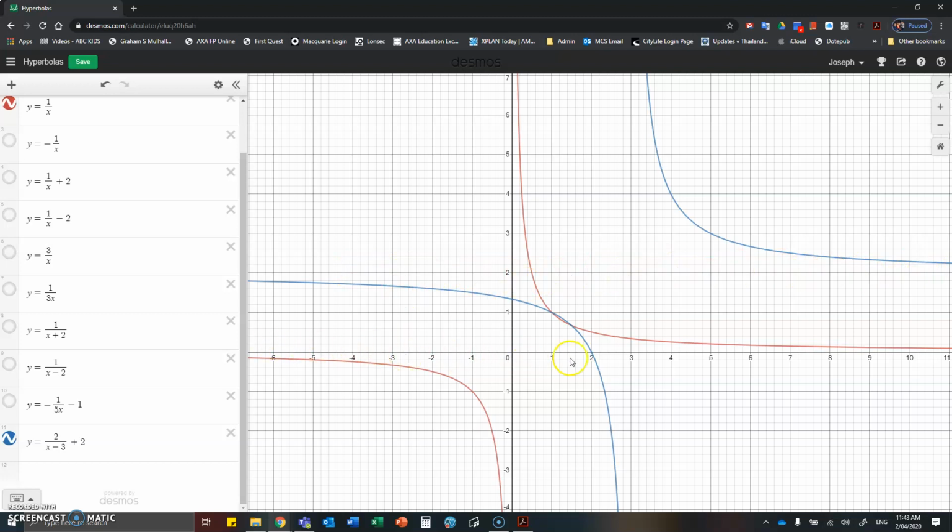The original one is at y equals 0, so it shifted 2 units up. It has also shifted 3 units to the right. So instead of x equals 0, it's going 1, 2, 3, and your vertical asymptote is at x equals 3. And then the 2 has made it a lot wider compared to your 1 over x.